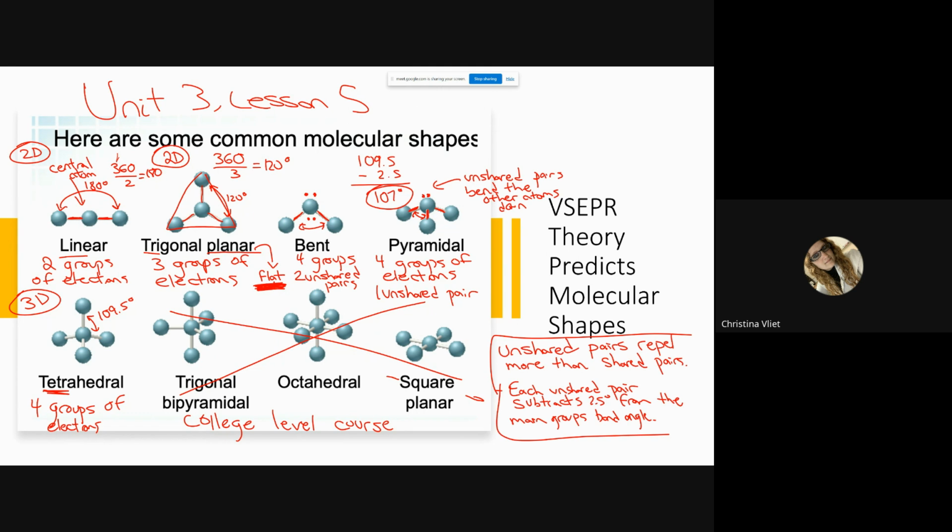You would take the number for 4 groups that you got to memorize, 109.5, and then knowing every unshared pair, you subtract 2.5. You would do 109.5 minus 2.5 minus 2.5, which is 104.5. So the answer here is 104.5. And all bent molecules have a bond angle between their 2 atoms of 104.5, actually.